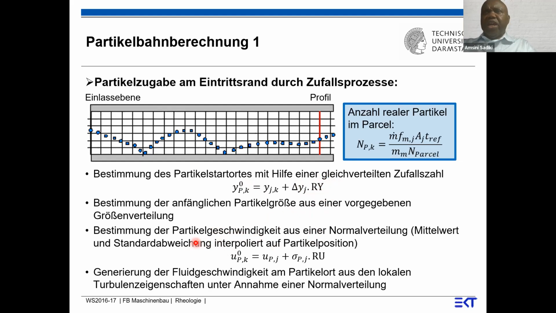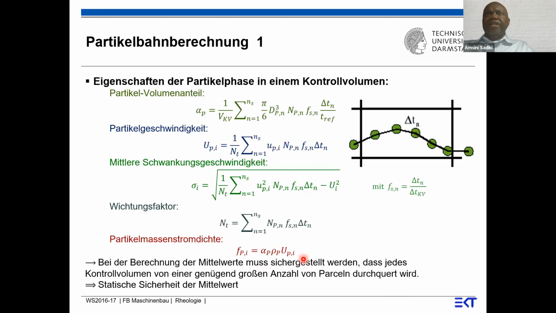And for the velocity, we will have the same, but here we introduce a variance. So the idea is the following here: how to calculate these quantities.